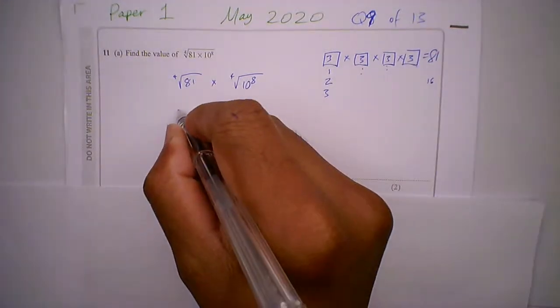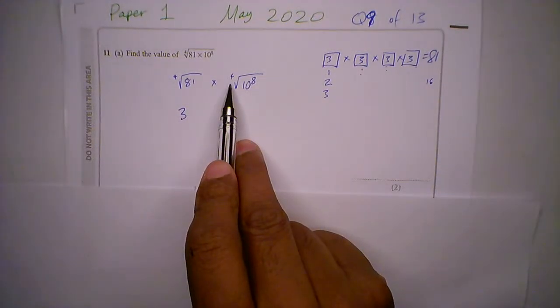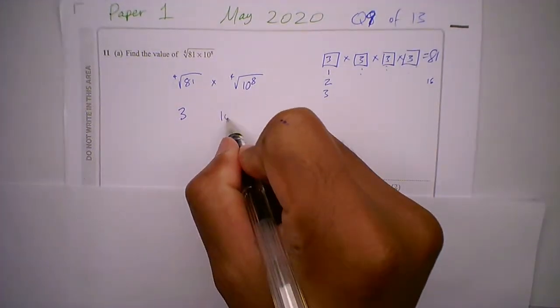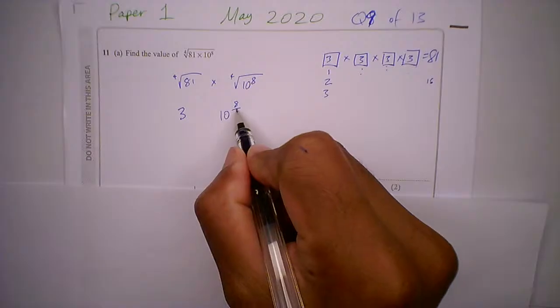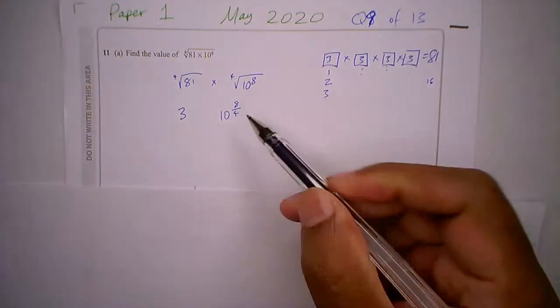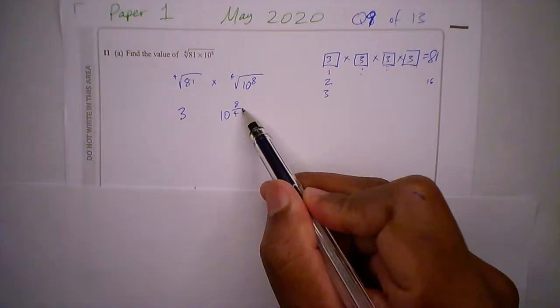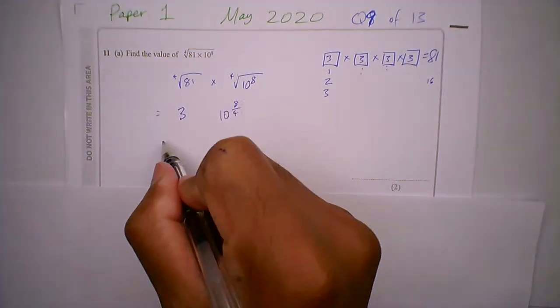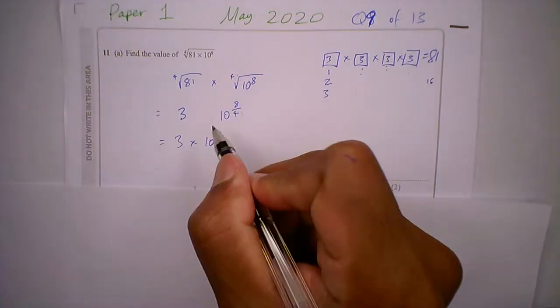So this is 3. And now here, remember, if it's a root, the power is a fraction. So the denominator, 8 over 4. So the denominator of the fraction is the root. So 8 divided by 4 is 2. So this is 3 times 10 to the power 8 divided by 4 is 2.